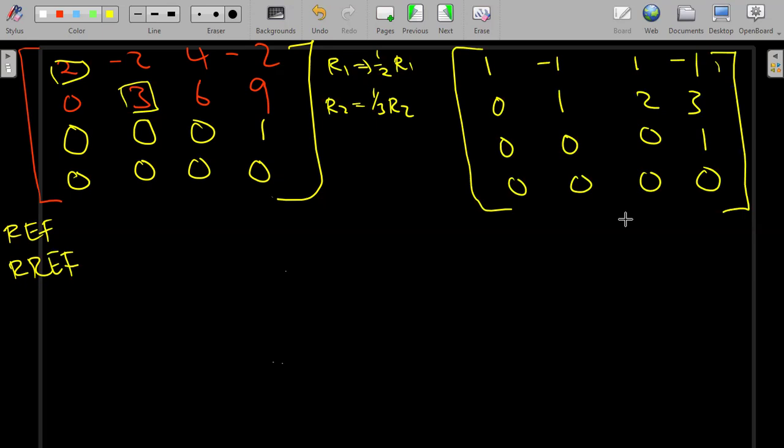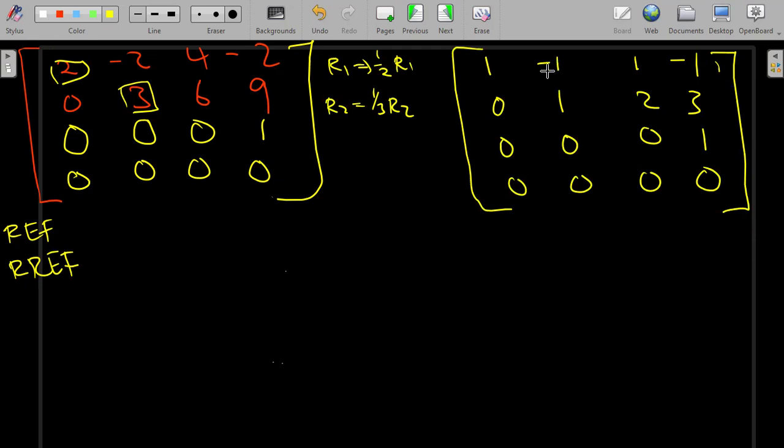And then from the definition of the reduced row echelon form, since we have made all the leading coefficients 1, the next thing is that all the entries in the column where you have your leading coefficient should be 0.